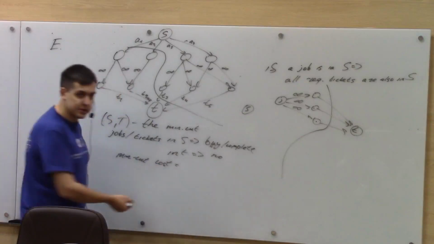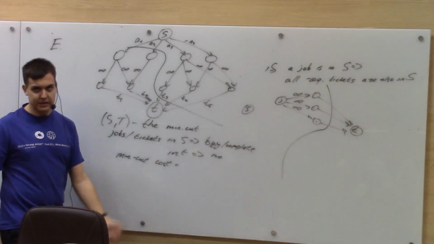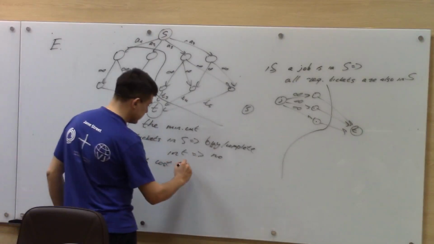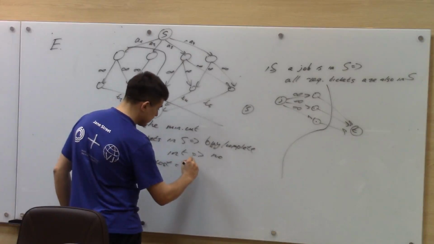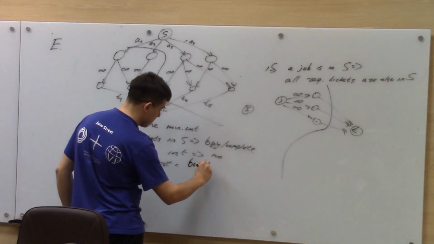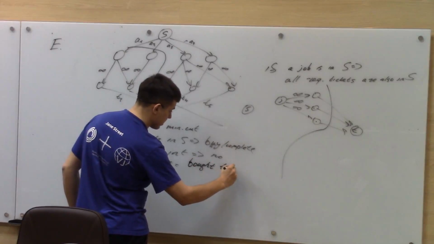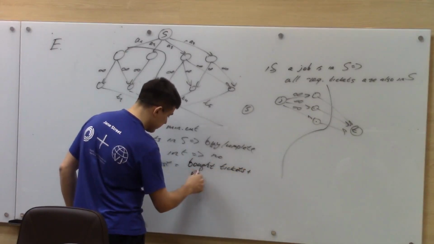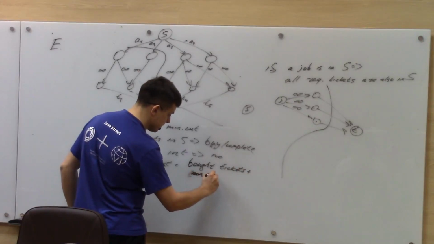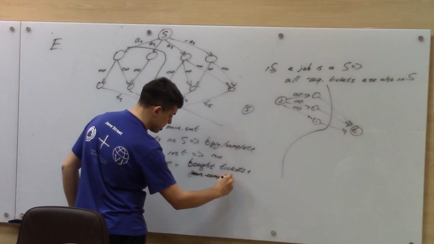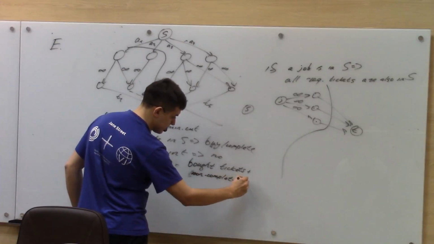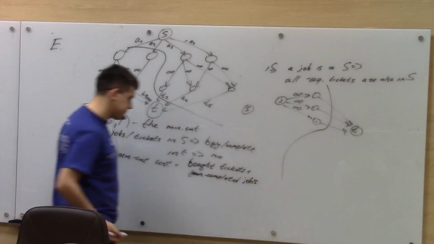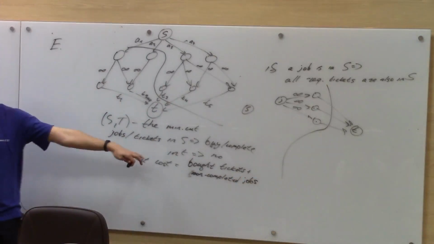So the cost of the minimum cut, or basically the cost of any cut, is bought tickets plus non-completed jobs. And we would like to minimize that.